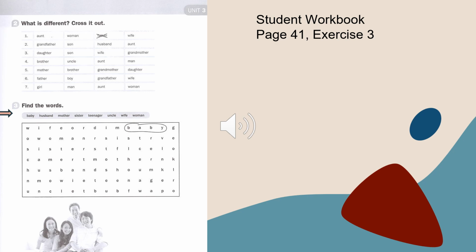Student Workbook, page 41, exercise 3. Notice that you have the words baby, husband, mother, sister, teenager, uncle, wife, and woman. And they're buried in there. Look at number 1. There is baby. Do you see where it's circled?